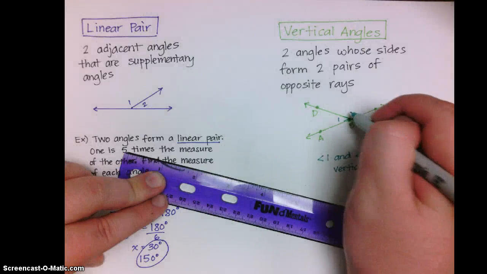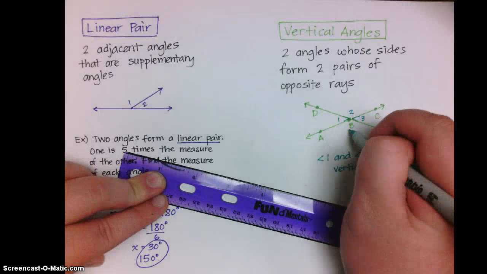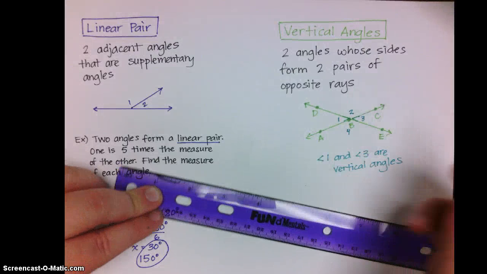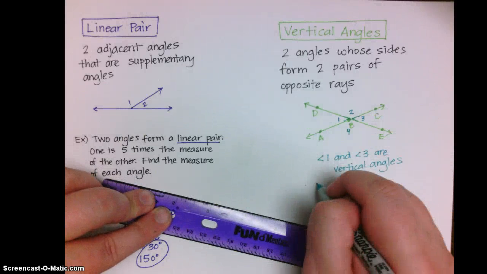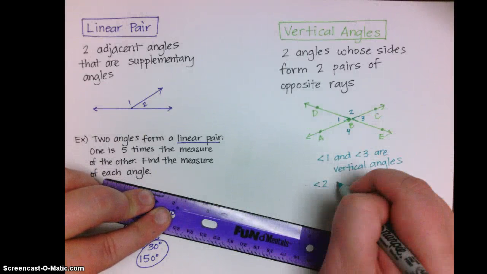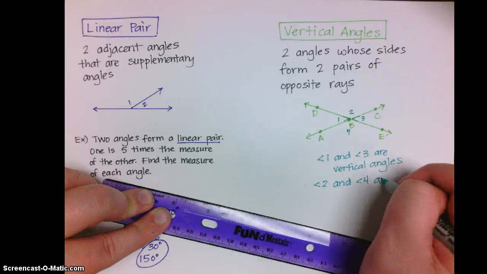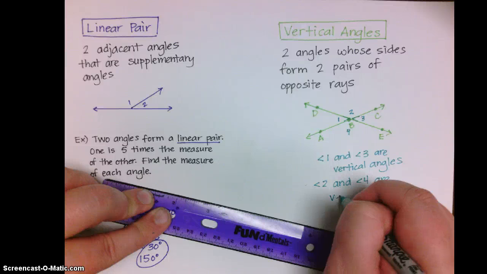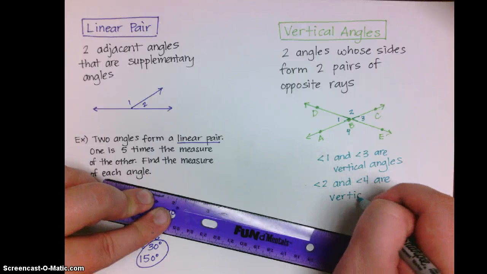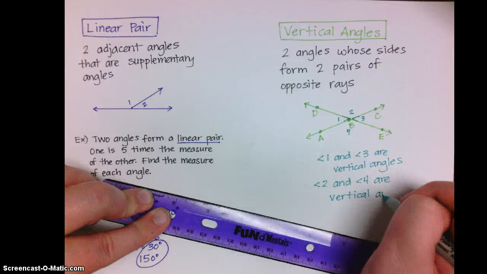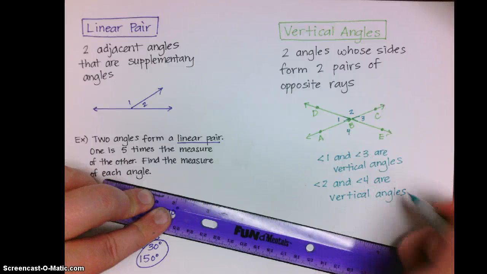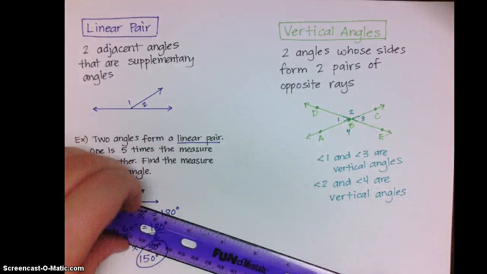Also, this one up here, if I label that angle 2 and this one down here angle 4, those are also vertical angles when I compare them to each other. So they're always right across from one another. And this is all that I want you to know about vertical angles at this time. We're going to learn a lot more later on.